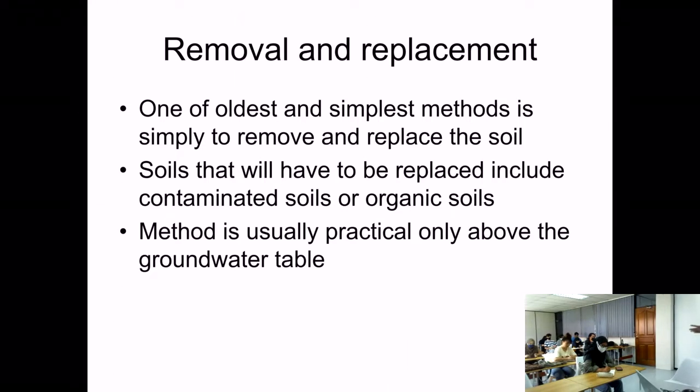We know that in most situations, the weak soil will be in the low-lying area, near swamps, and most low-lying areas will have water, right? So this approach may be limited to areas that are above the water table.